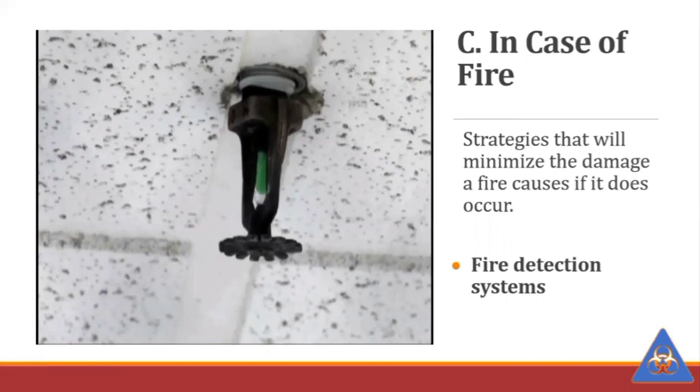This fire detection system will detect, such as the smoke detection system, and like the water sprinkler, it detects heat. It will activate the smoke detector. When it absorbs smoke, it will sound the alarm, and it will also activate the water sprinkler.